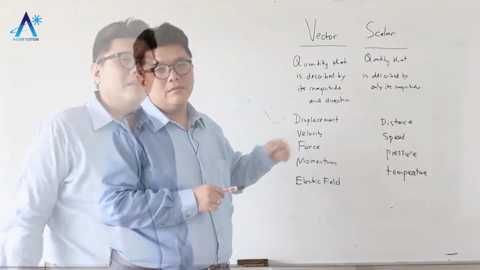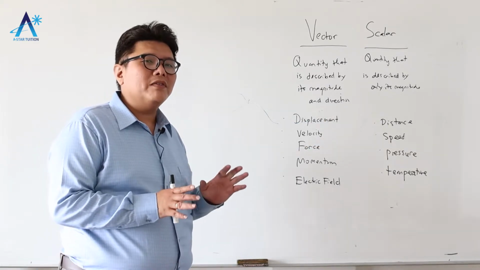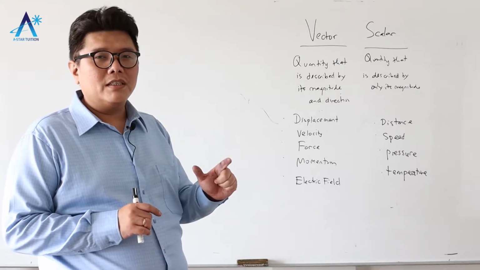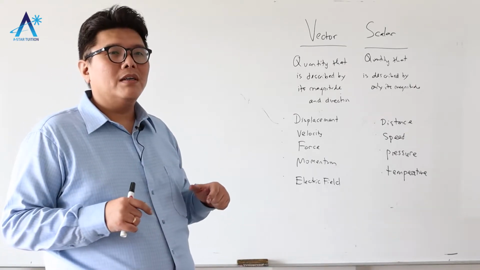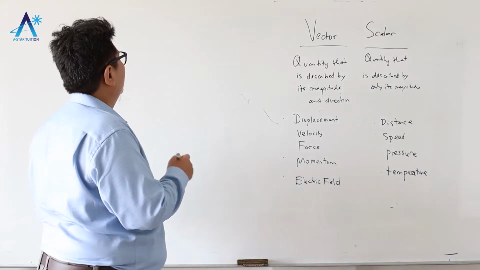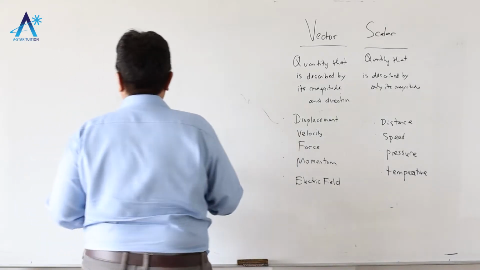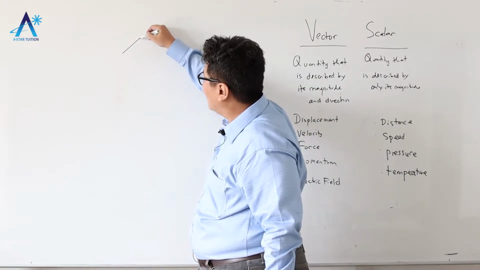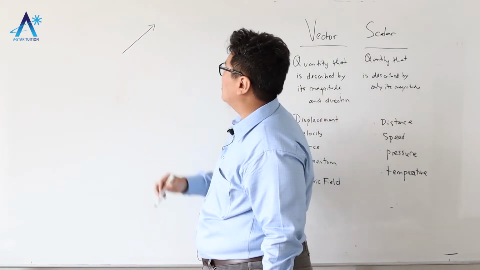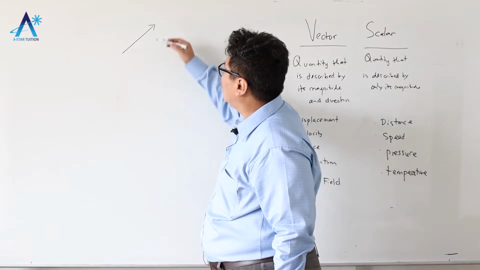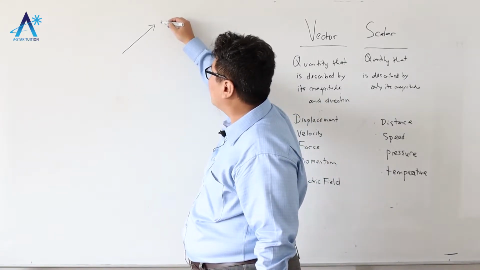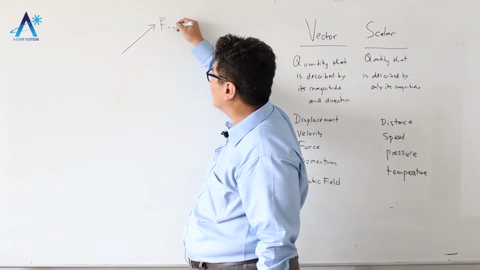Now, in some cases, you have a situation when there are two vector quantities that you want to combine. We usually use a straight line with an arrow to denote a vector. So let's say this is a force vector, F1.